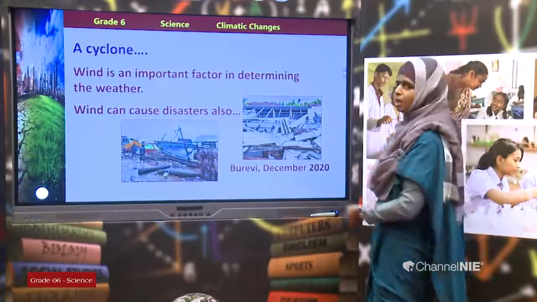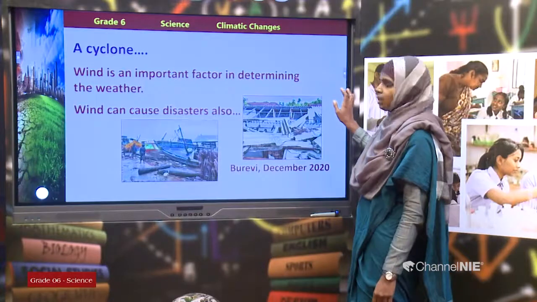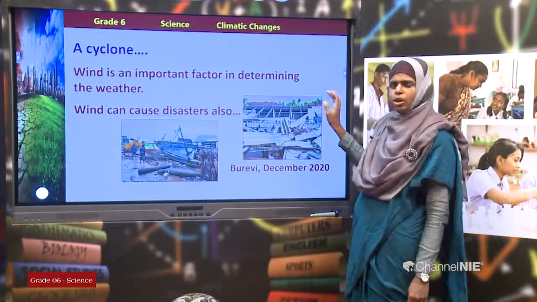These are some photographs taken of the disasters occurring due to a cyclone. So, you can see how much destruction occurs to properties, and it might cause destruction to human lives as well.